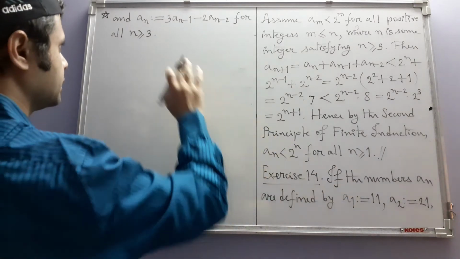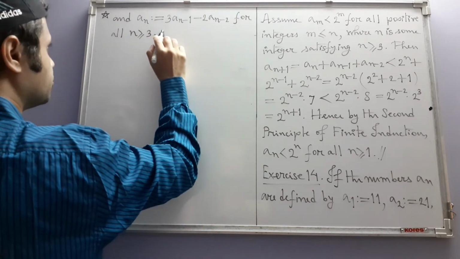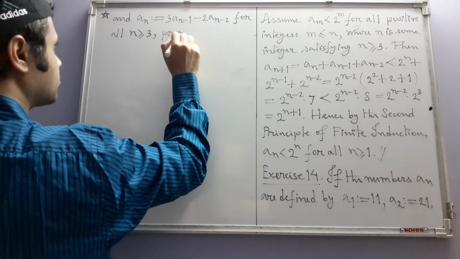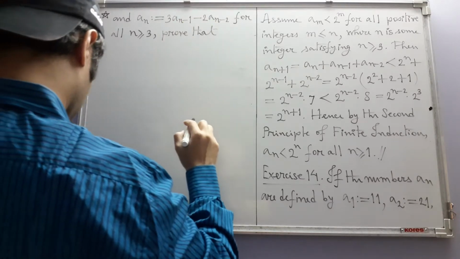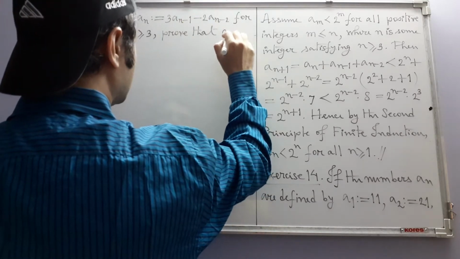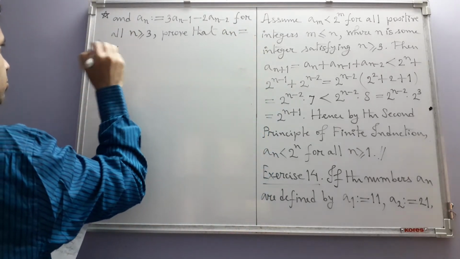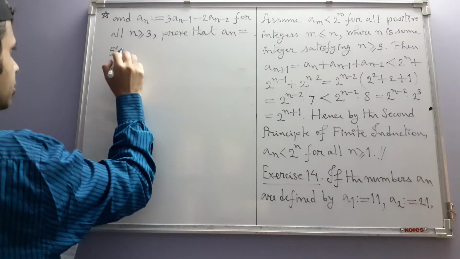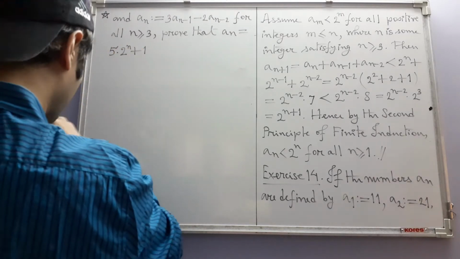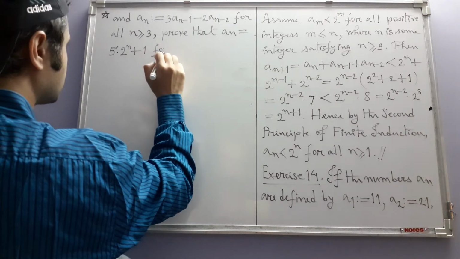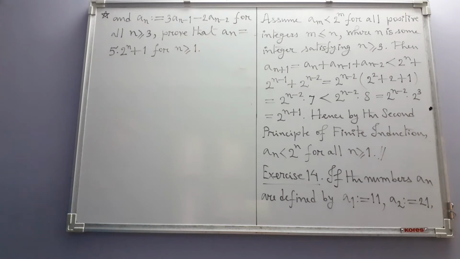Also, we started the sentence with if. Then prove that an is equal to 5 times 2 to the power n plus 1 for all positive integers n.